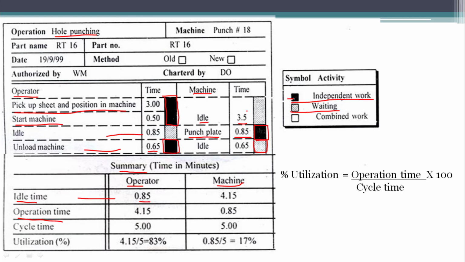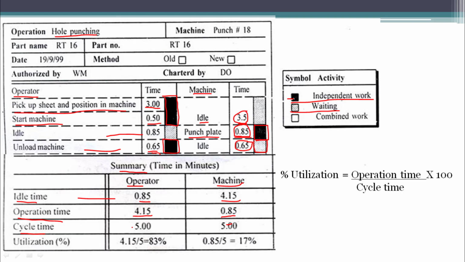The idle time of the machine is the summation of 3.5 and 0.65, which will be 4.15. The operating time of the operator is 4.15, the summation of 3.5 and 0.65. And the operating time of the machine will be 0.85. Only during 0.85 minute is the machine working to punch the plate.